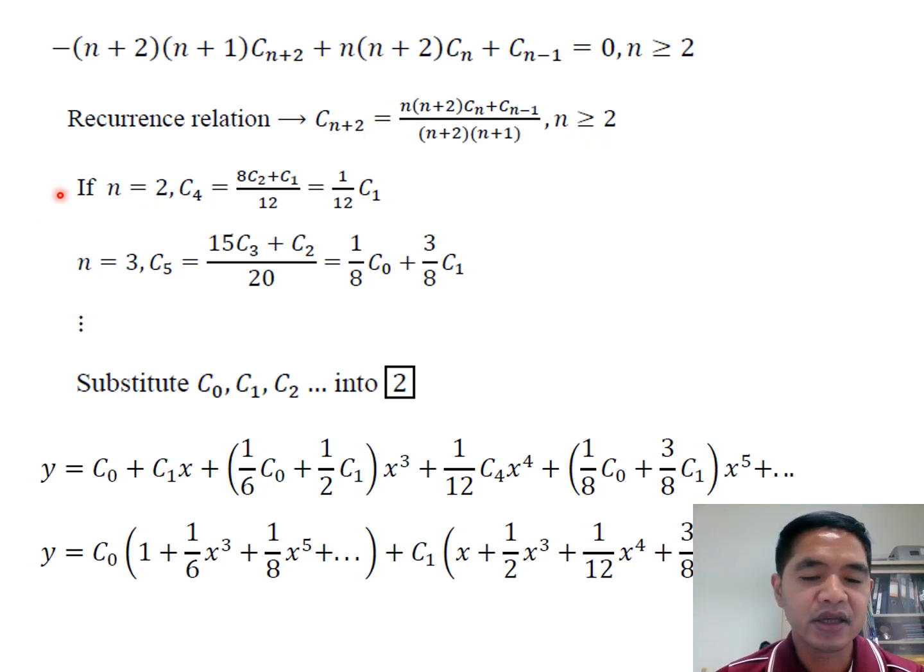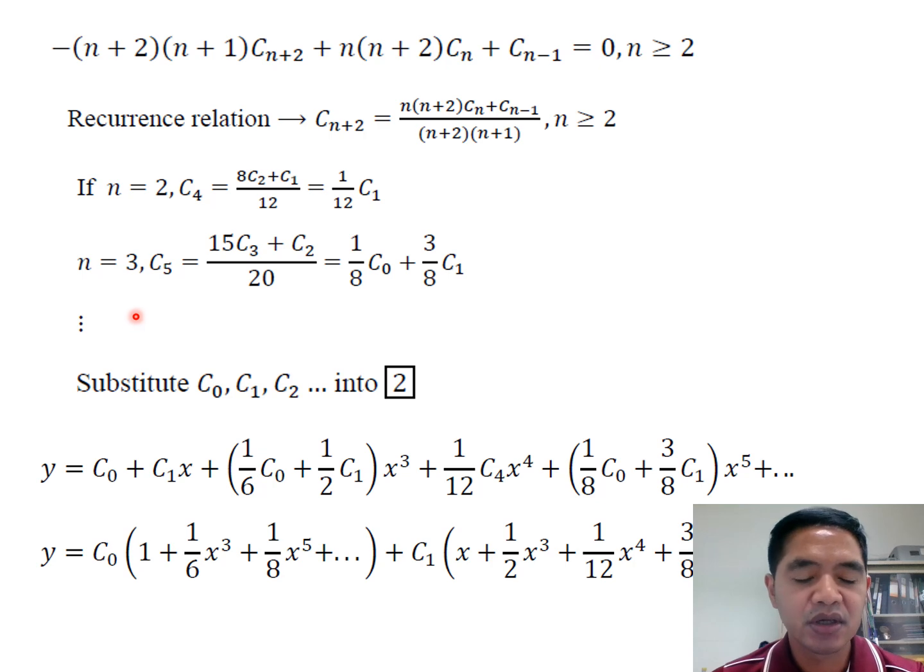So if we substitute n equal to 2, we get c4 equal to 1 over 12 times c1. And when we substitute n equal to 3, we get c5 equal to 1 over 8 c0 plus 3 over 8 c1, and so on, if we substitute 3, 4, 5, 6, whatever.